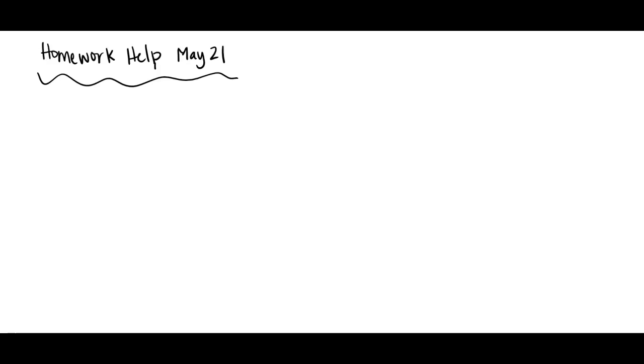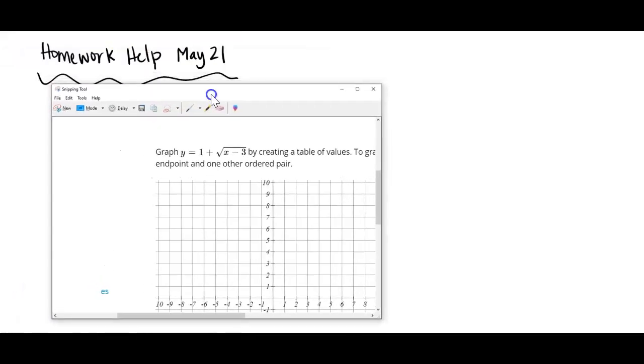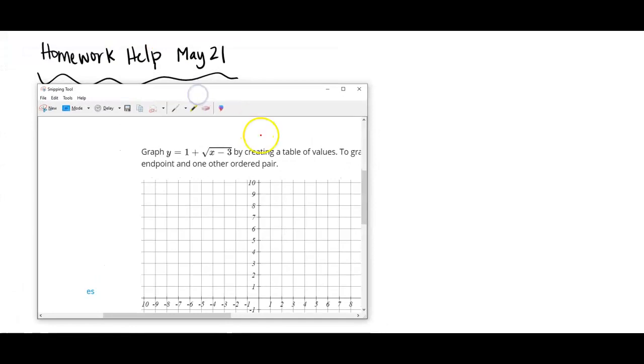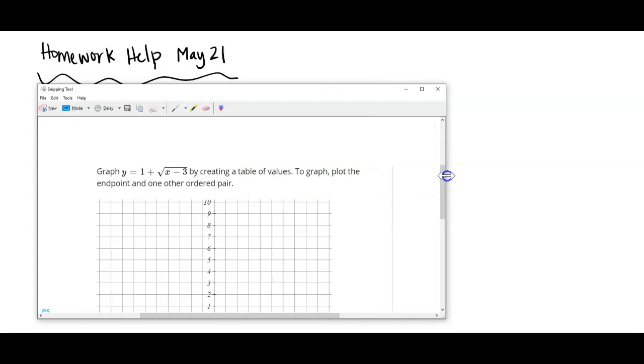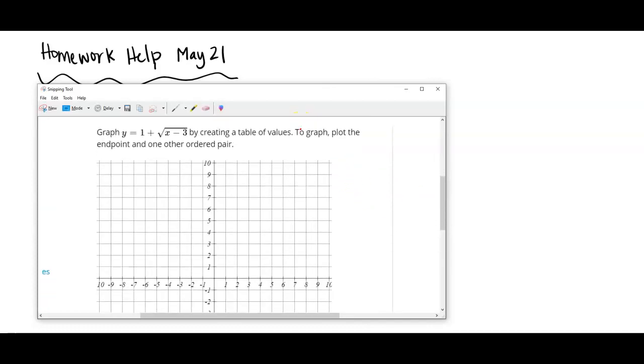All right, let me see if it'll just let me write in here. So did it look something like this? Is this the question you're thinking of? That's what I saw for number 14. Yeah, that's the one.